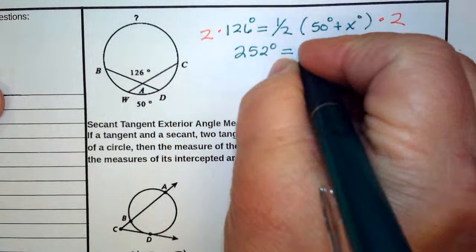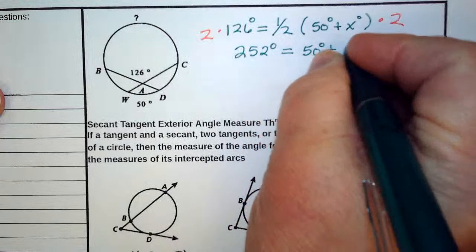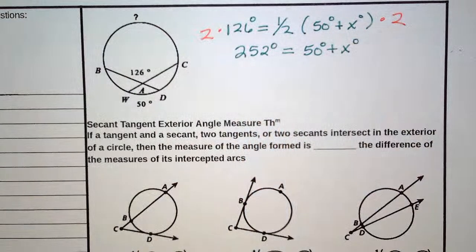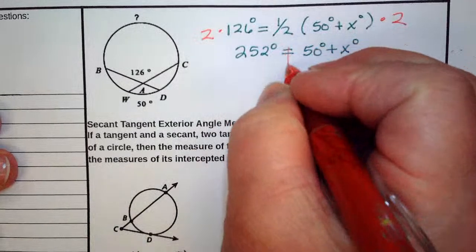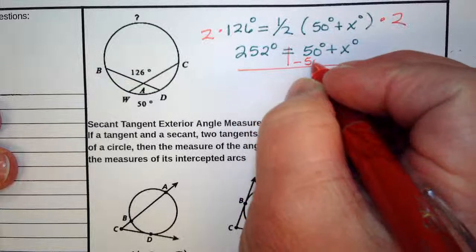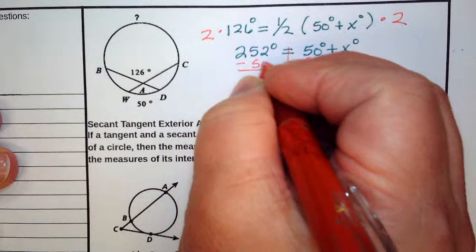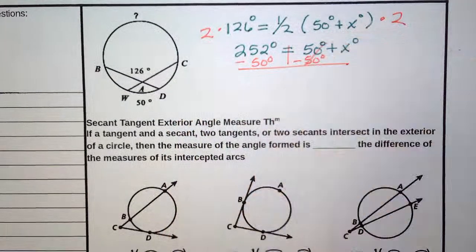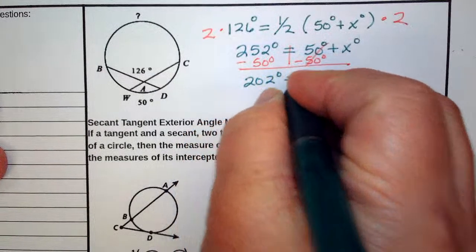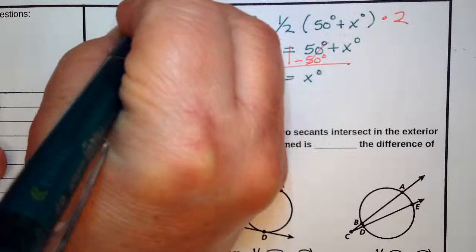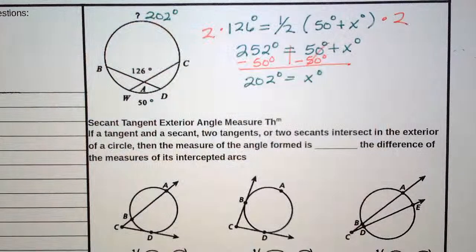And that is equal to 50 degrees plus x degrees. So I'm going to subtract 50 from both sides. And 202 degrees is equal to x degrees. So this is 202 degrees.